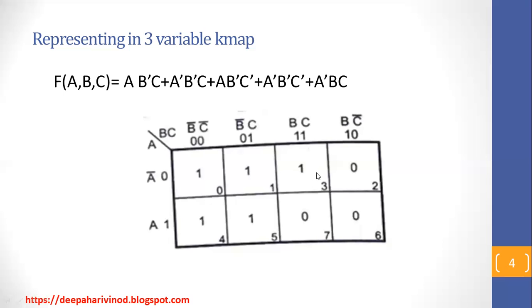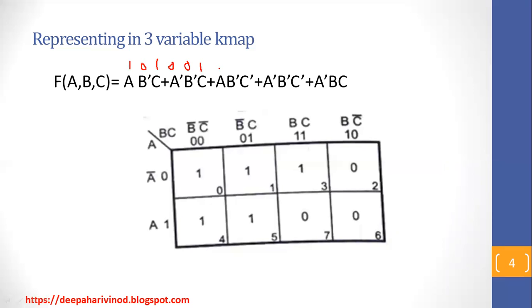And another method, we can write down the corresponding literals over here. What does A mean? It is 1, B bar it is 0, and C it is 1. And this one is A bar, it is 0, 0, and 1.